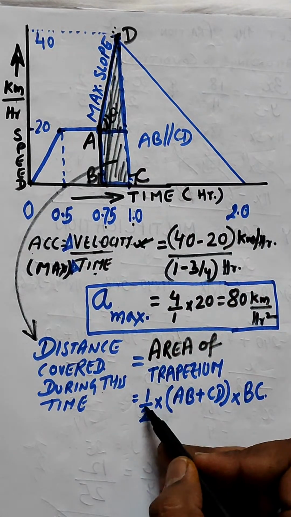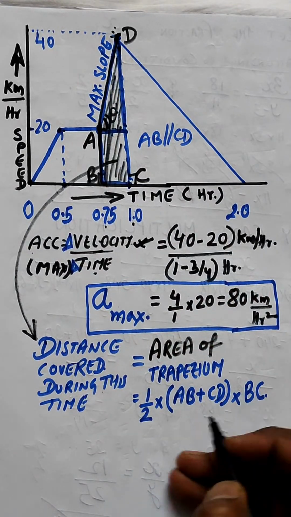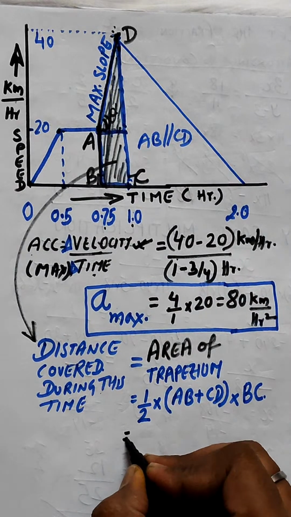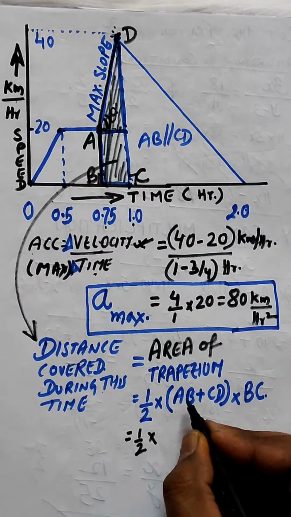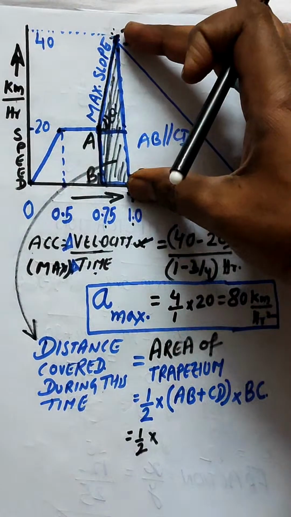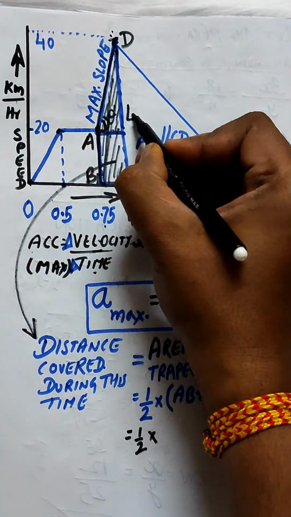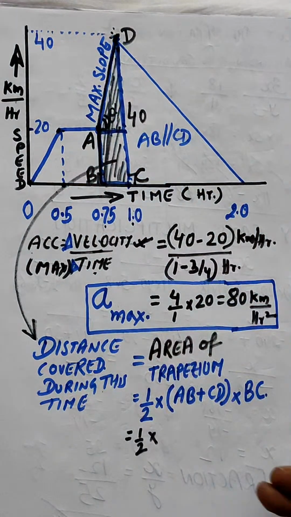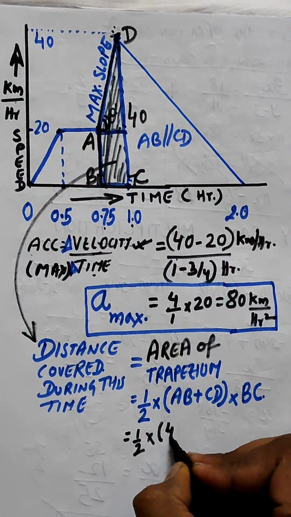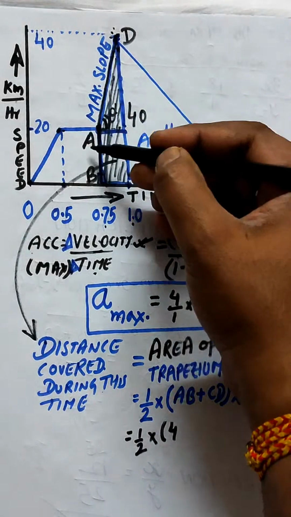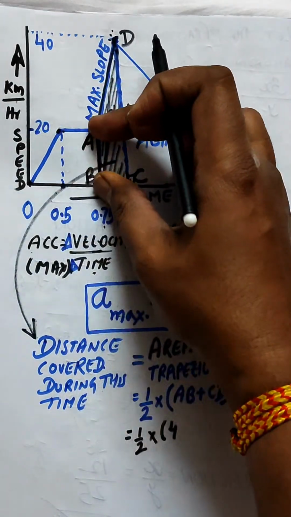Now, just put in the values to get the distance covered. So, it will be equal to half into sum of parallel sides. Parallel side CD, you can see CD is 40. So, this will be 40, right? In place of AB, it will be 20, right?